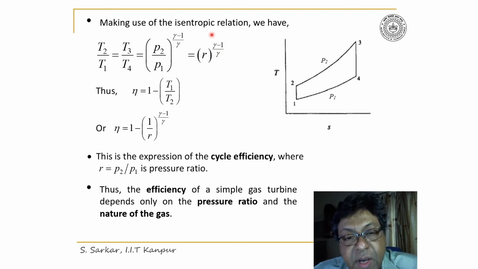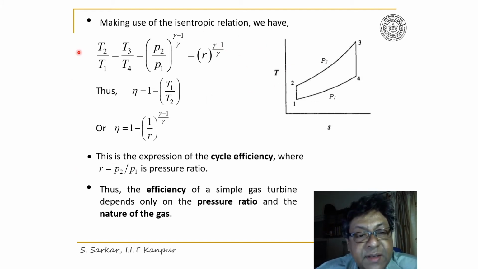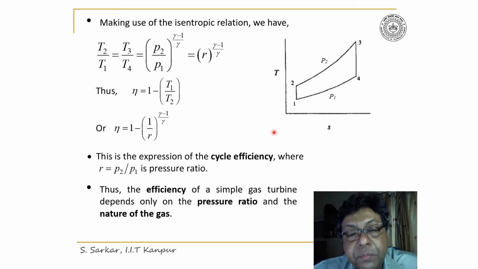Thus, I can use the isentropic relation such as T2 divided by T1 is equal to T3 divided by T4, is equal to (P2 by P1) to the power (gamma minus 1) by gamma, where P2 by P1 is the pressure ratio and is denoted here as R. Thus, I can write T2 by T1 is equal to T3 by T4, that is equal to R to the power (gamma minus 1) by gamma.